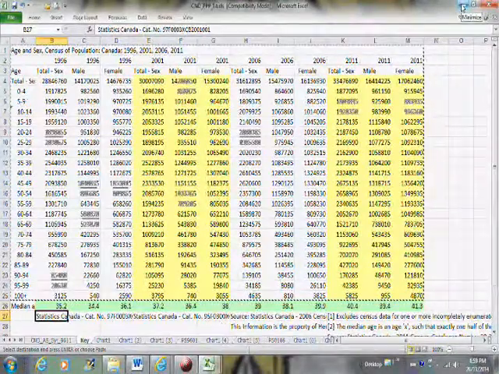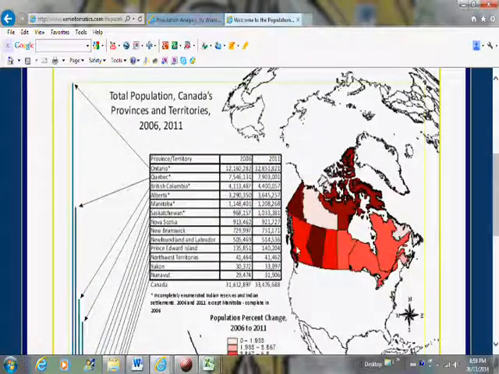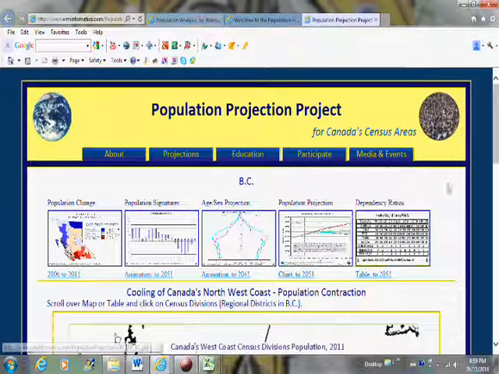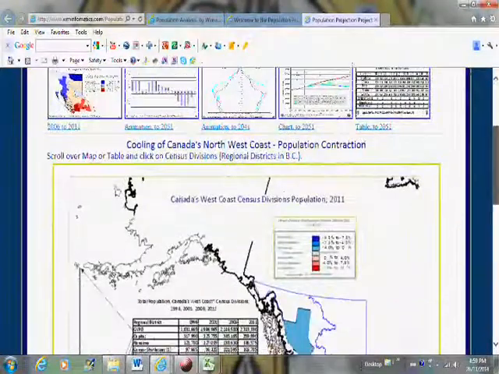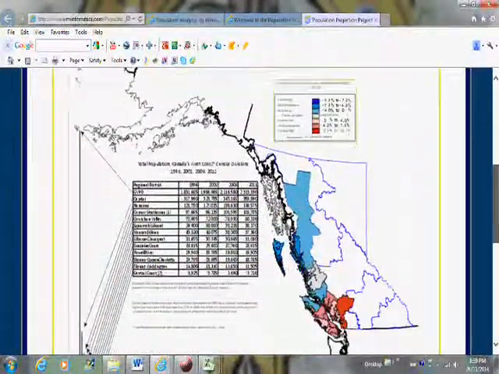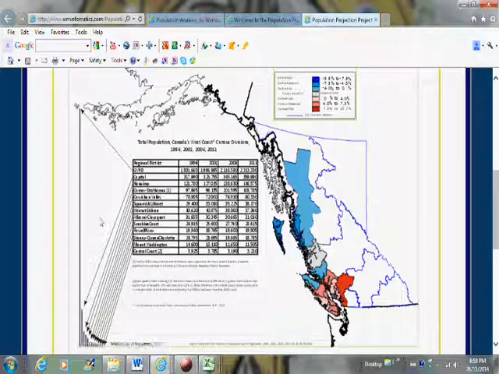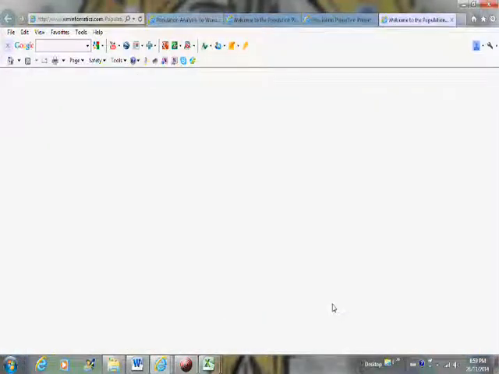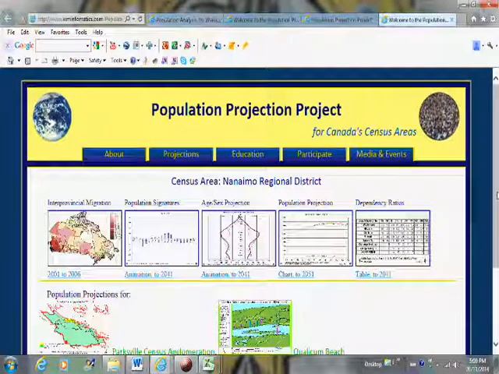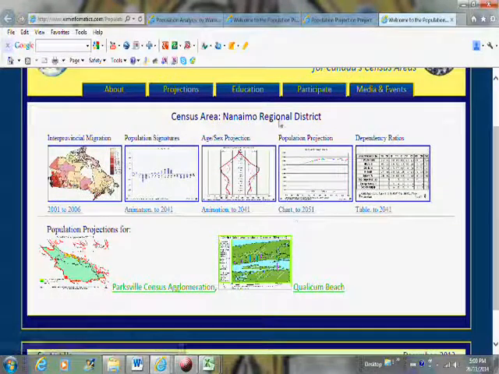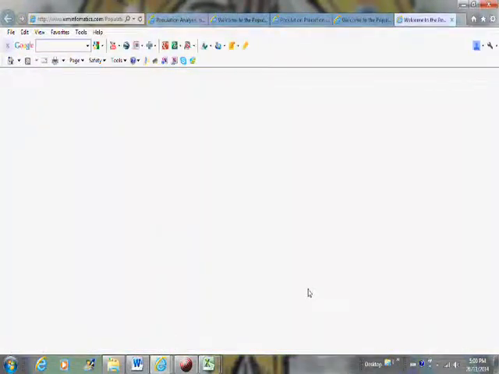This is for Canada as a whole, but we also want to be able to look at small areas within Canada, in particular municipalities such as hamlets, Indian reserves, parishes, towns, and villages across the country. For example, we can go right into a census division in British Columbia, which they call regional districts, right to a small town.